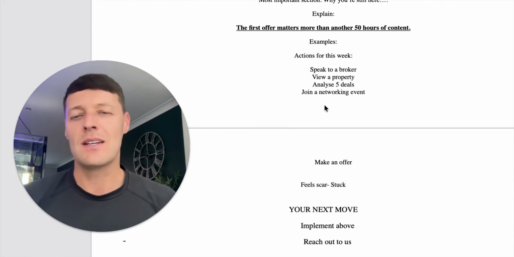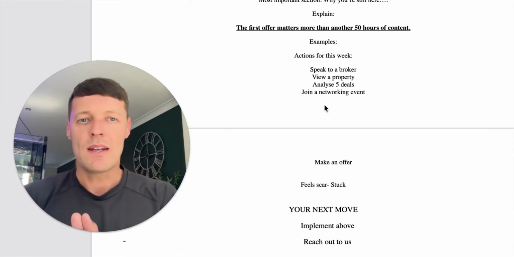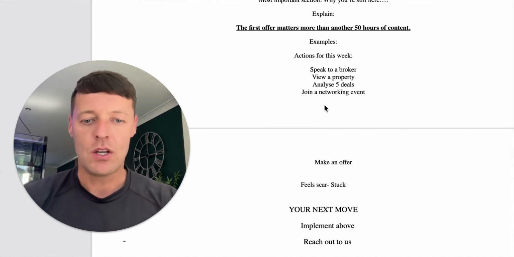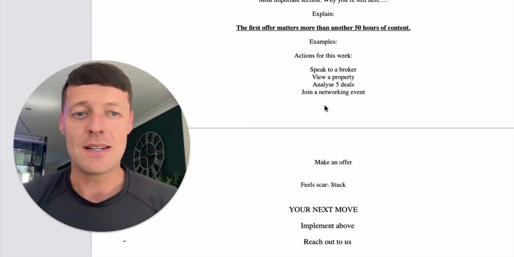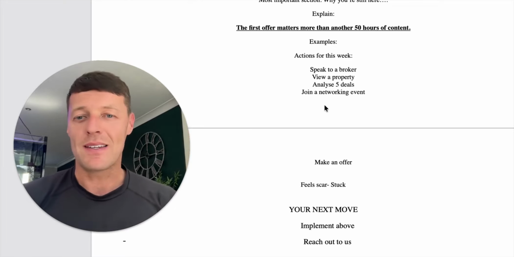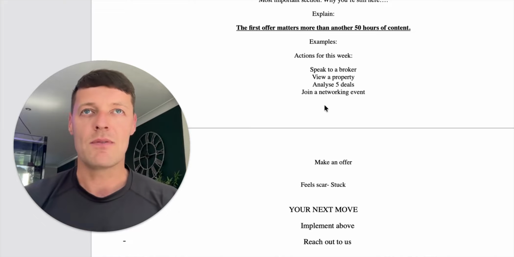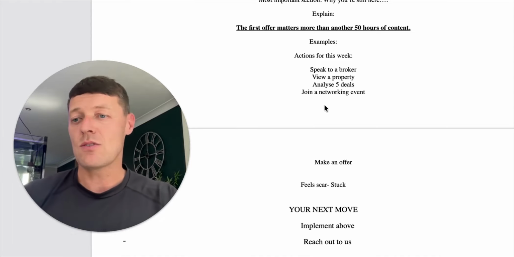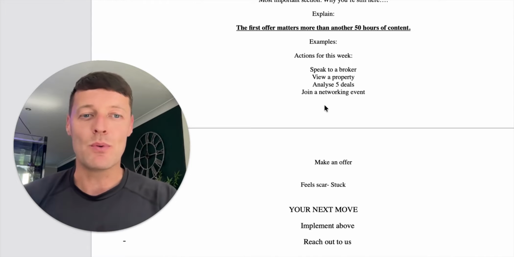Okay, there are extra things that come with it that just put you in a better position. So if you can work on these things and implement action, do physical things like picking up the phone and calling the estate agent. It might feel like stepping out of your comfort zone, but these are the things you're going to have to do if you want to get to the place that I'm currently at, or whatever your goals may be. Action is the most important thing.